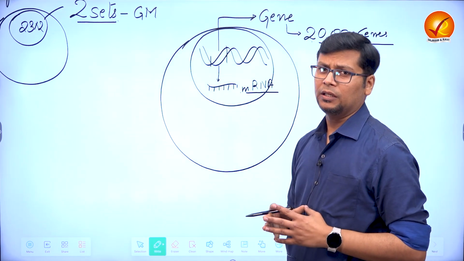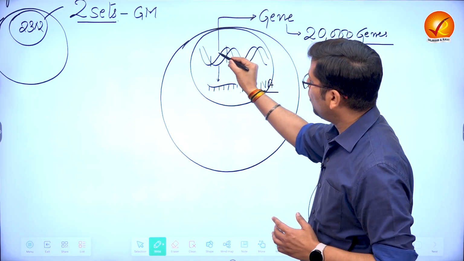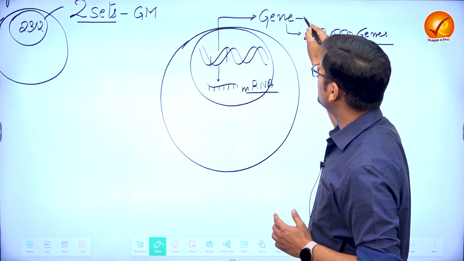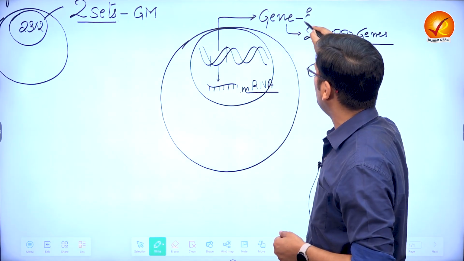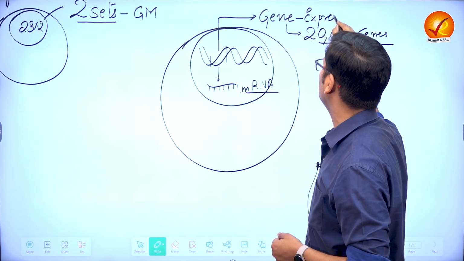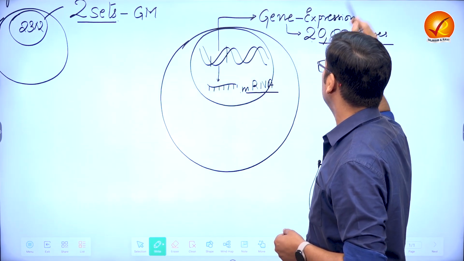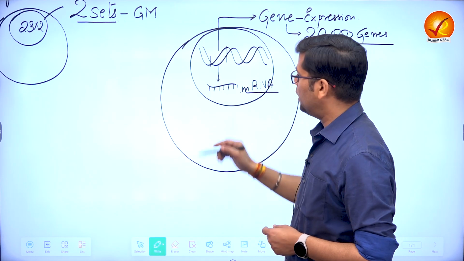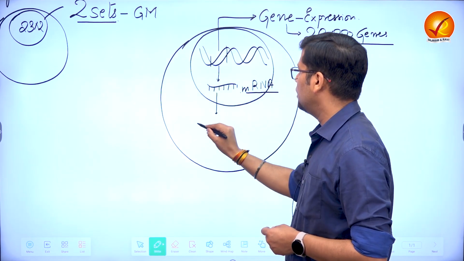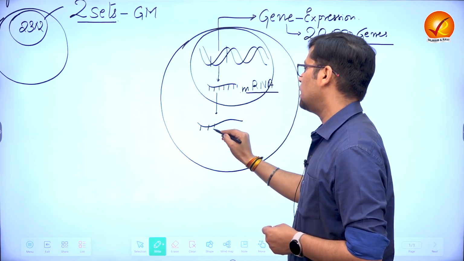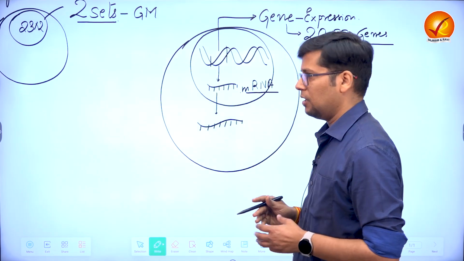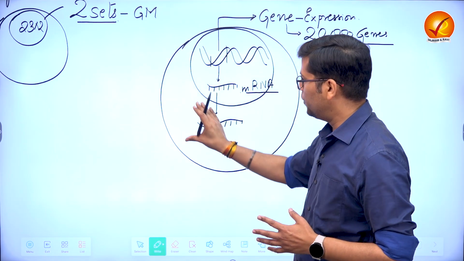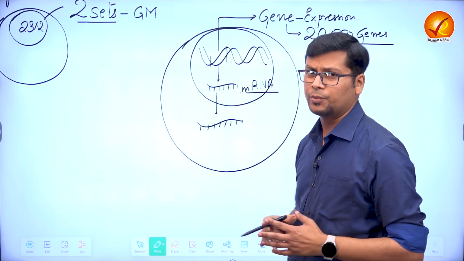This mRNA, which is the photocopy of the gene which is expressing itself, and hence the term you will come across called gene expression, will then pass out of the nucleus into the cytoplasm of the cell, the fluid present outside the nucleus, people.